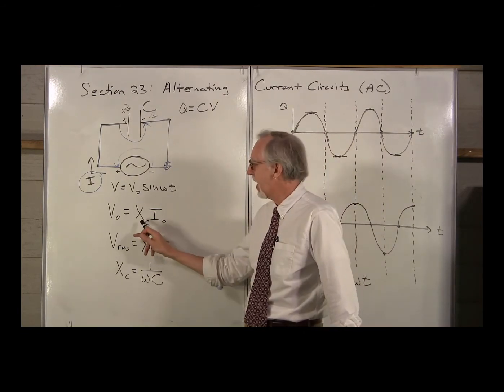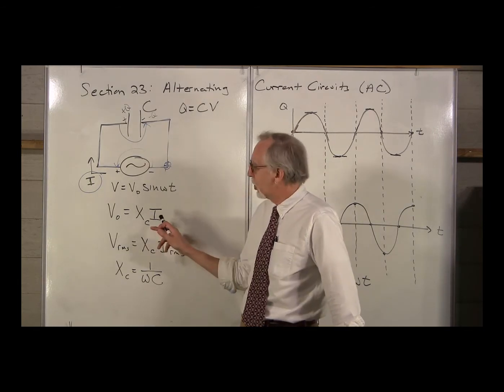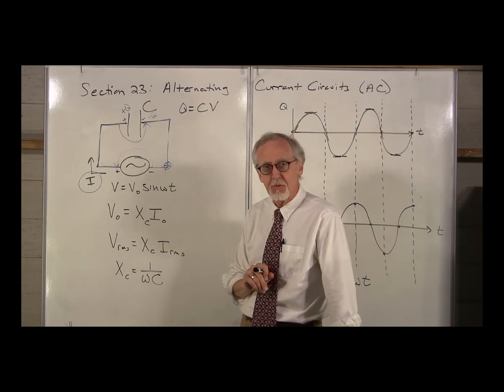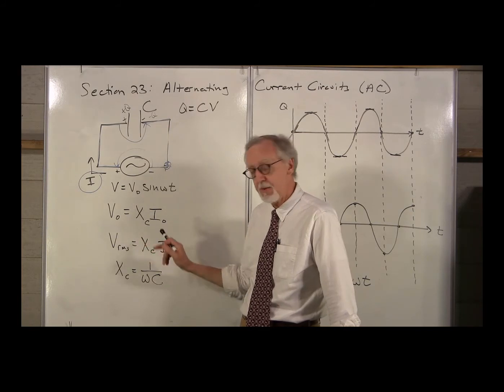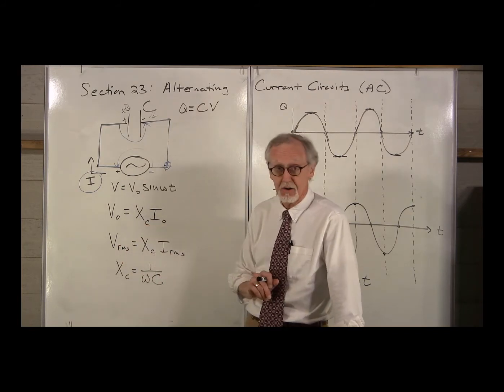However, we don't have a resistor in here. It's the capacitive reactance. We could, again, divide both sides by the square root of 2 and write this in terms of the RMS values. VRMS equals XC times IRMS.